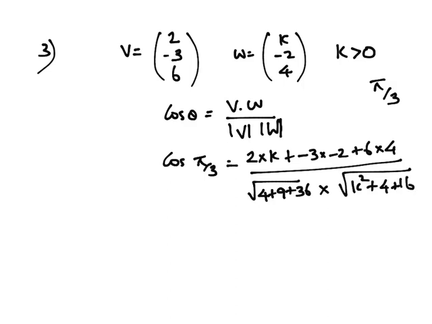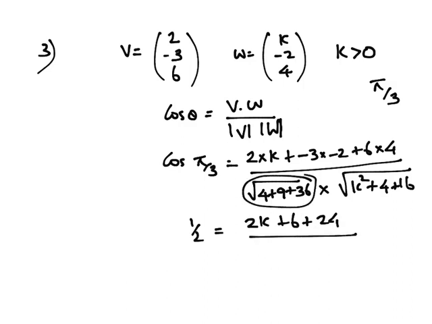So we know that cos pi by 3 is half, so half equals 2K plus 6 plus 24 divided by 7 times square root of K square plus 20.